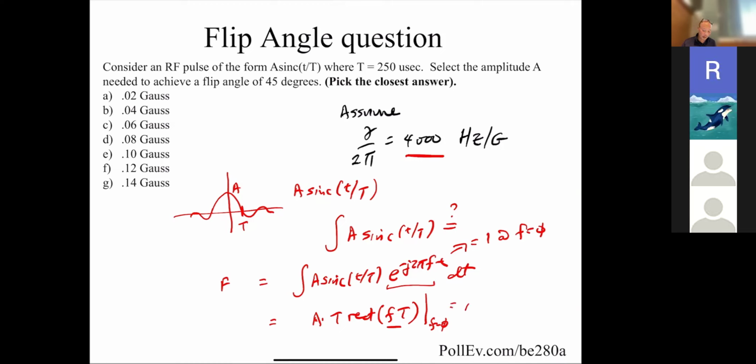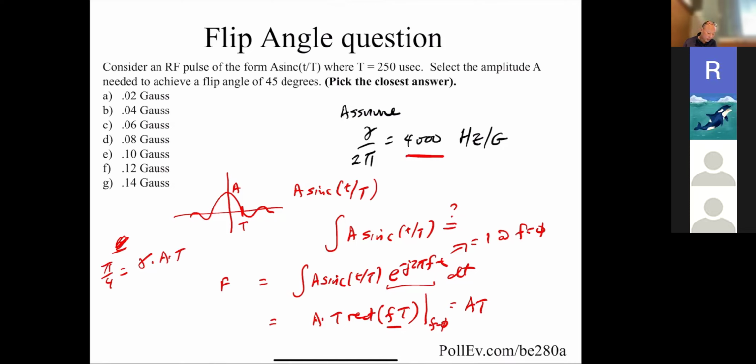So this is just A times T. That's a good little fact to keep in mind. Now let's say we want pi over 4 to be our theta. We want that to be equal to gamma times A times T. You get that?